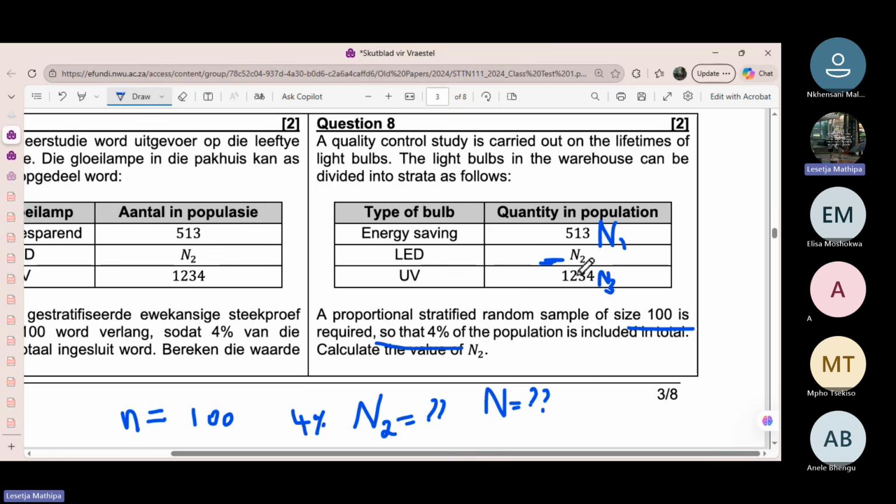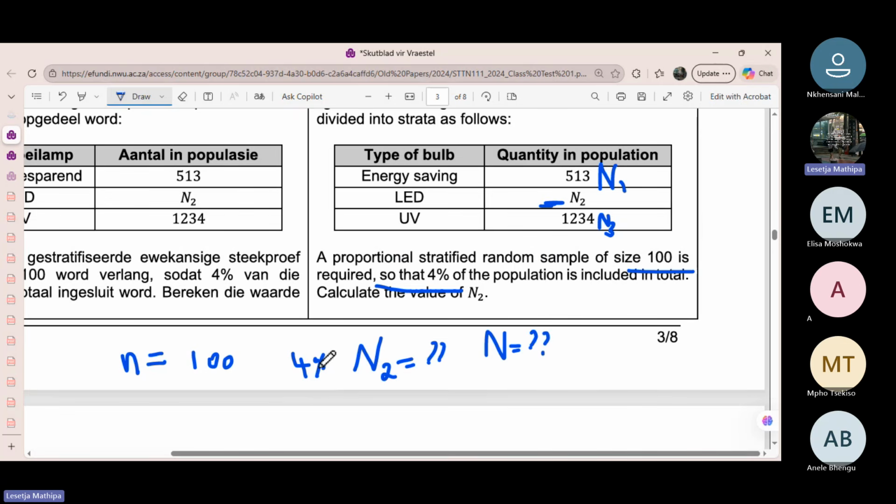First, let's start by finding capital letter N. We are going to use this 4%, which is 0,04. You multiply 0,04 with what? With that 100. Wait, no, you're not going to multiply it, you're going to divide.